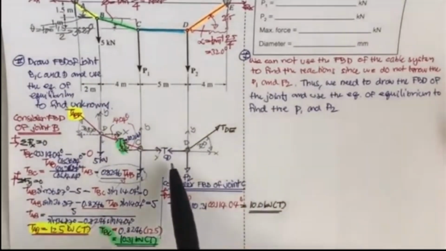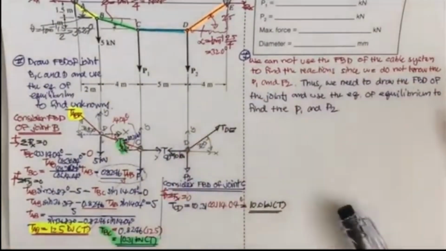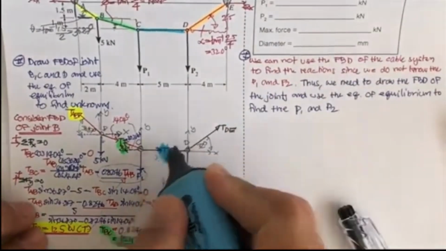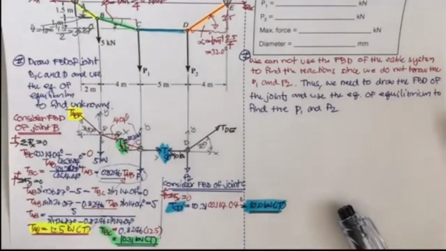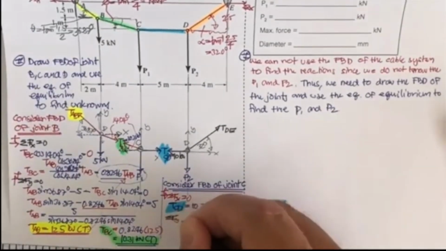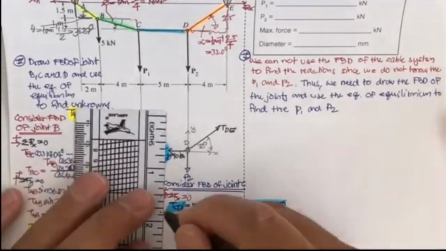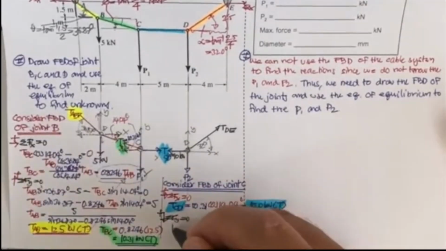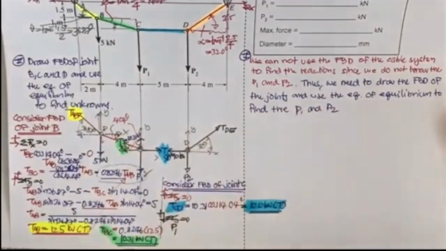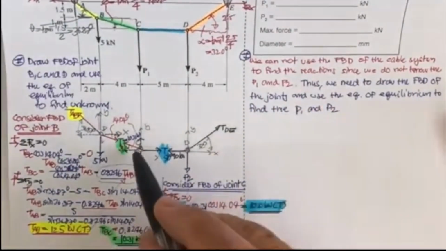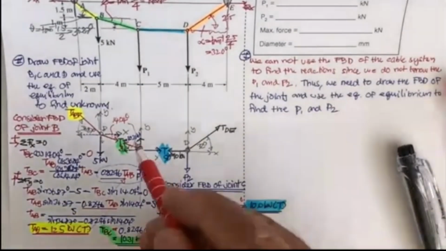Okay, and T sub CD is 10. That means this is 10 kilonewton, and this force is the light blue here. We know this force T sub CD. Okay, and if you do summation of F sub y equal to 0, this time you're going to take the P1, so it's downward. Downward is positive. The P1 downward, and this one, if it's projected, it's going to be upward. So the P1 is going to be equal to 10.31, and then it's going to be projected to this.